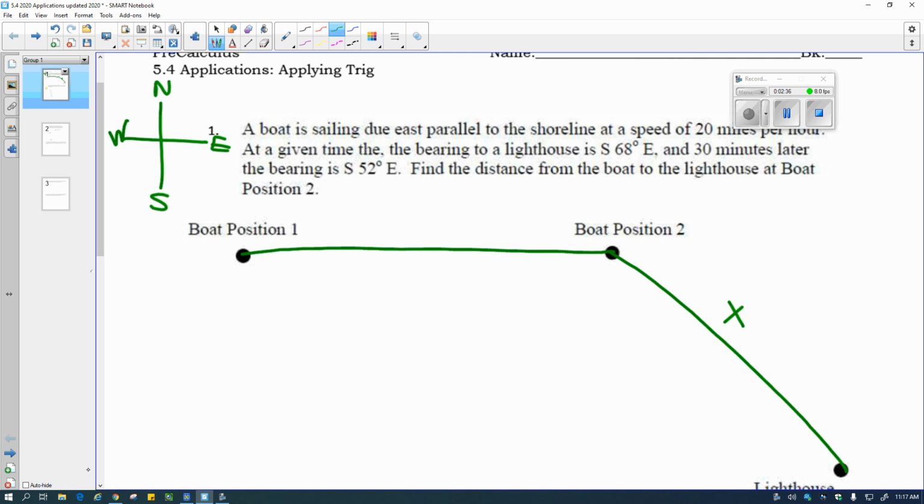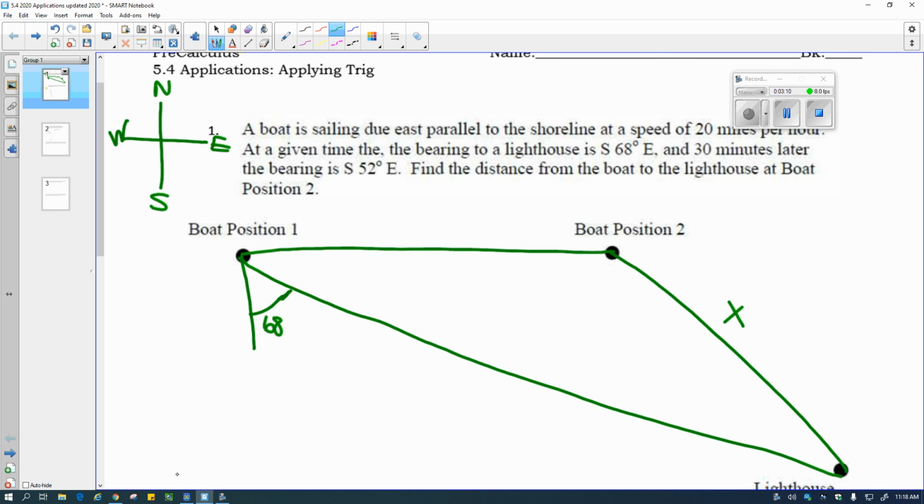So if we're talking about the bearing to the lighthouse at position 1 being south 68 degrees east, that means if the person in the boat looked directly south, it would take a movement of his or her head of 68 degrees to get the line of sight to the lighthouse.